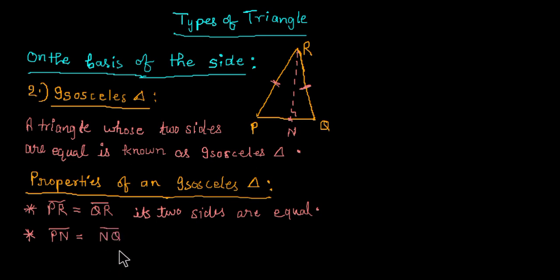Is it clear? But if we draw another perpendicular line from its other side, let's say this point is M, here QM is not equal to MR. And if we draw another perpendicular from point Q on its opposite side PR, let's say this point is T, here PT is not equal to TR.